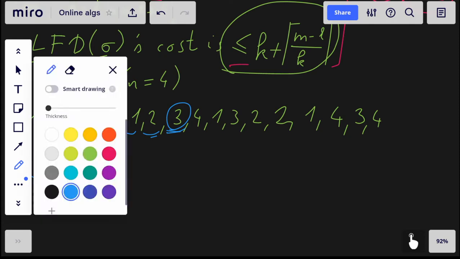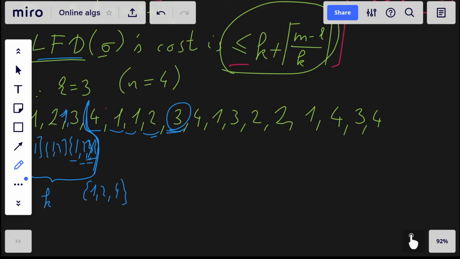Now I will mark this one and of course these, only the first ones, so the cost of k, and here I spend the cost of 1. But then 1 is in the cache, 1 is in the cache, 2 is in the cache, and 3 is not in the cache because I just discarded it.